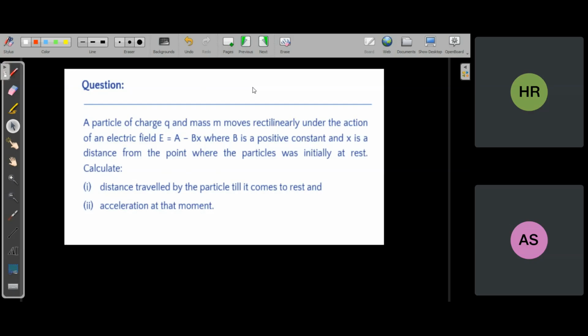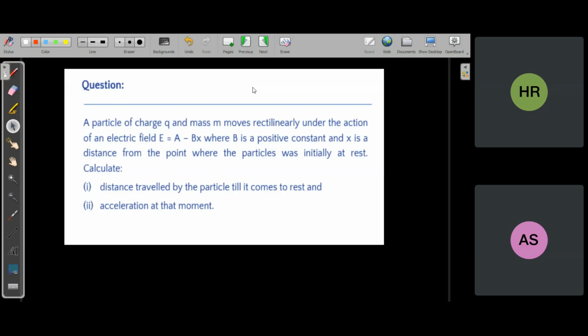You can say integral of electric field intensity times charge. Tell me the concept, what you will use here.